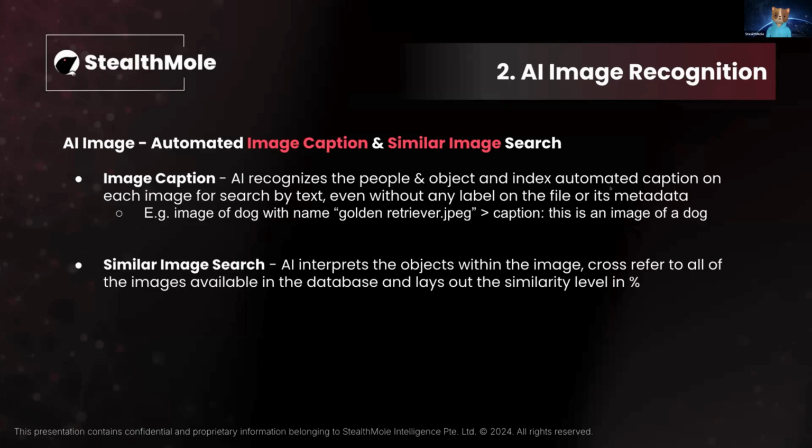Then the second one would be similar image search. The AI interprets the objects within the image and cross-refers to all of the images available within our database, and it lays out the similarity level in percentage points.